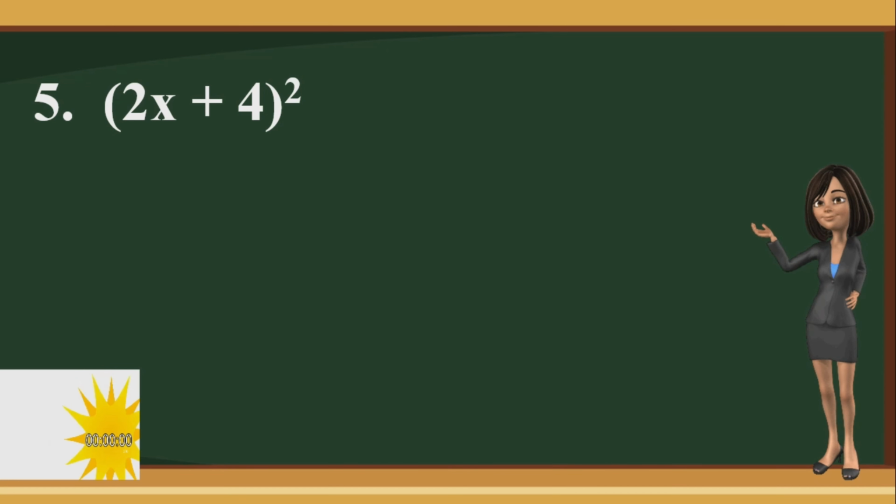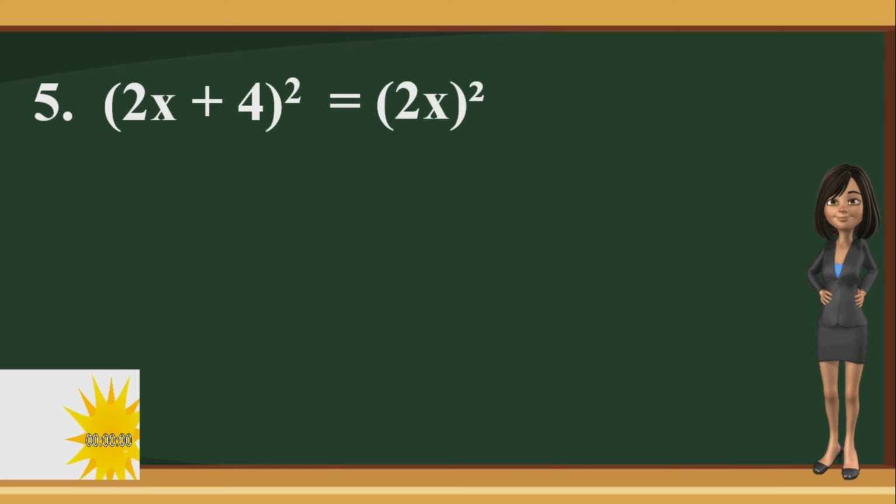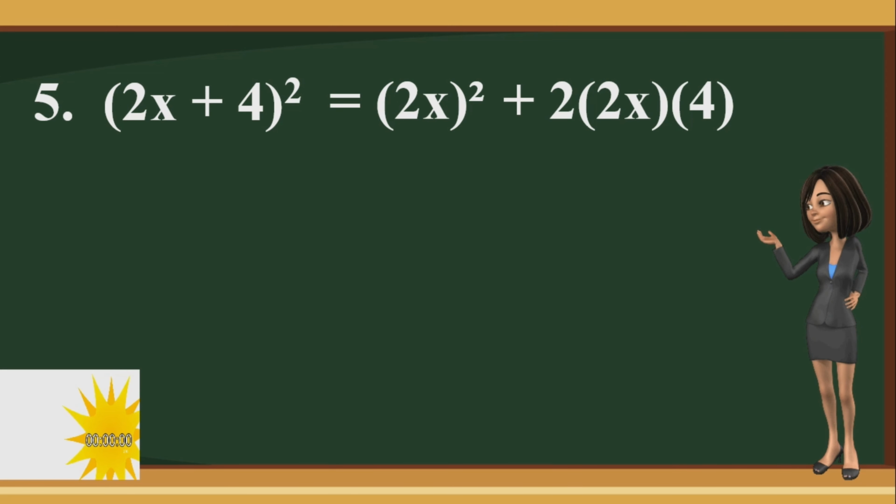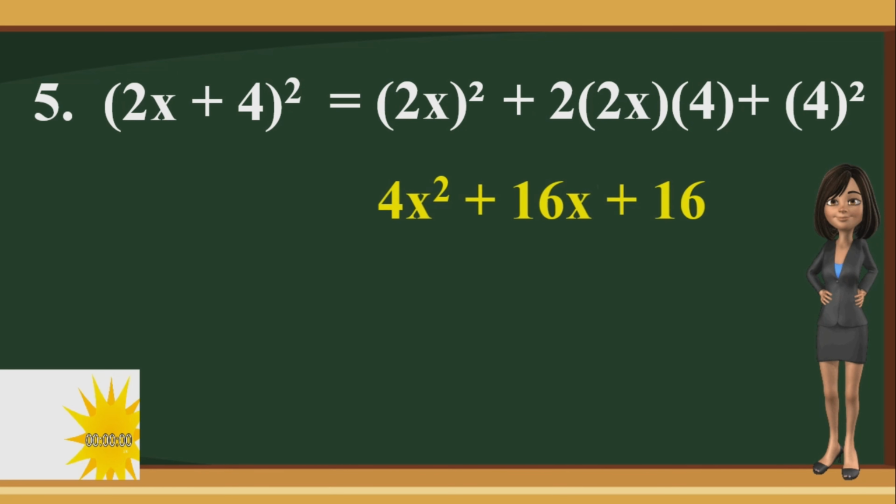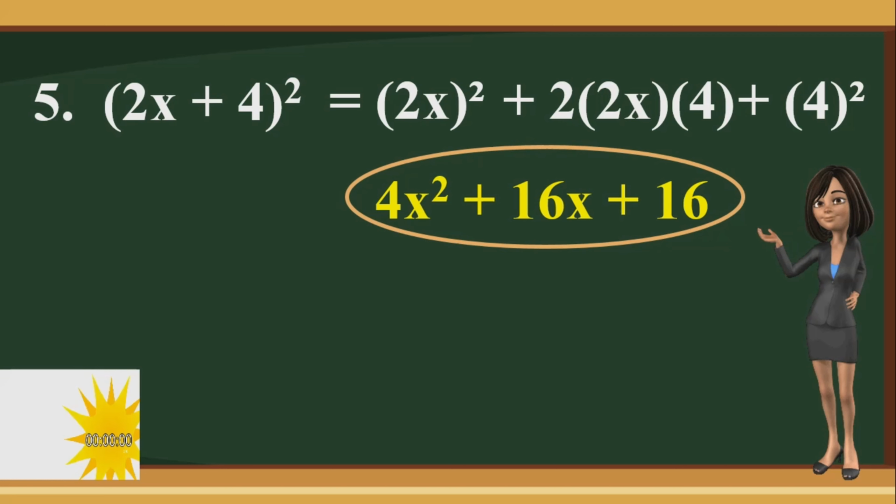Okay, let's see the answer. So we have 2x squared plus 2 times 2x times 4 plus 4 squared. So the answer is 4x squared plus 16x plus 16.